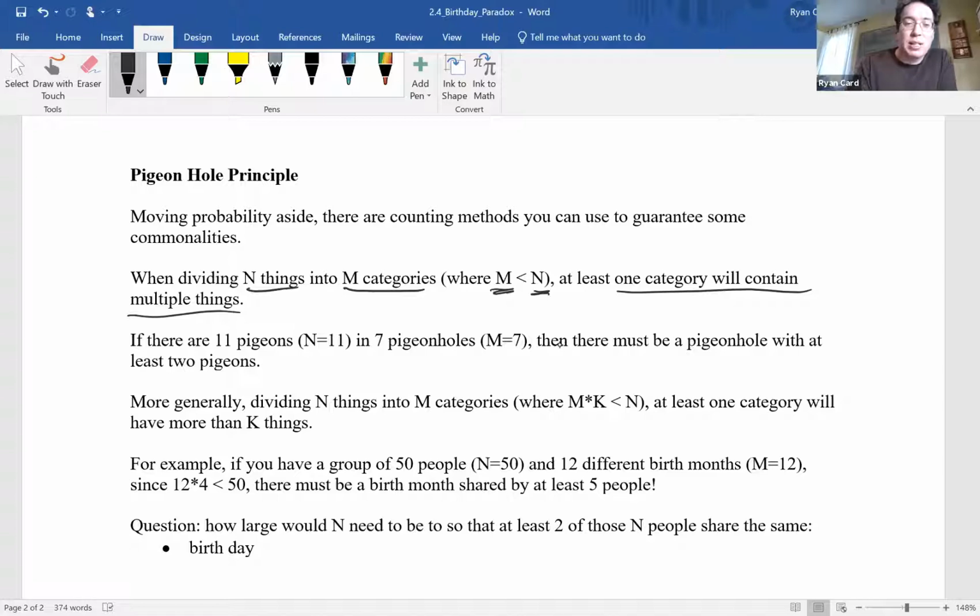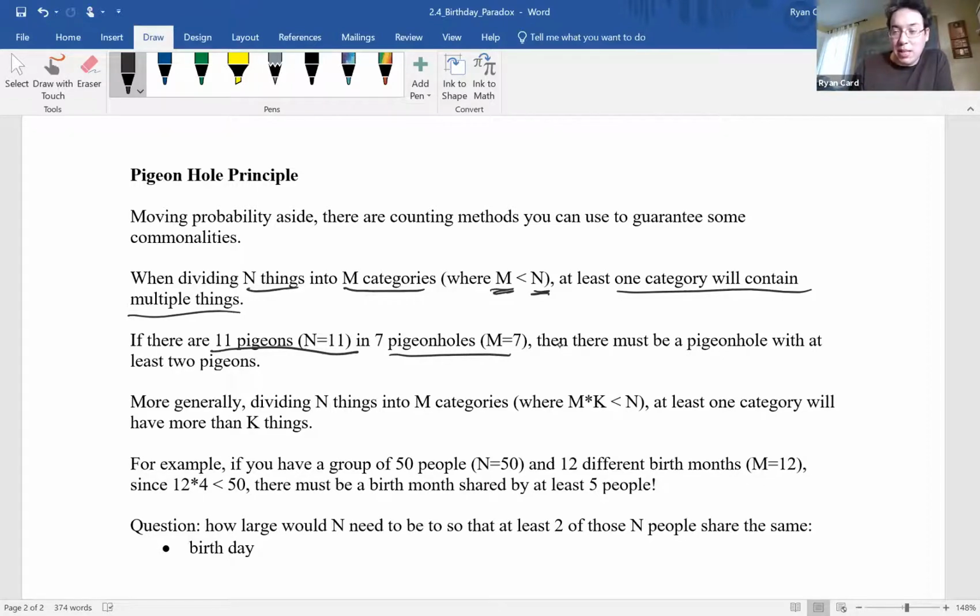The reason why this is called the pigeonhole principle is because you might see pigeons inside of pigeonholes, right? So let's say there's 11 pigeons, and they're all hiding inside of pigeonholes. And let's say there's 7 different pigeonholes.